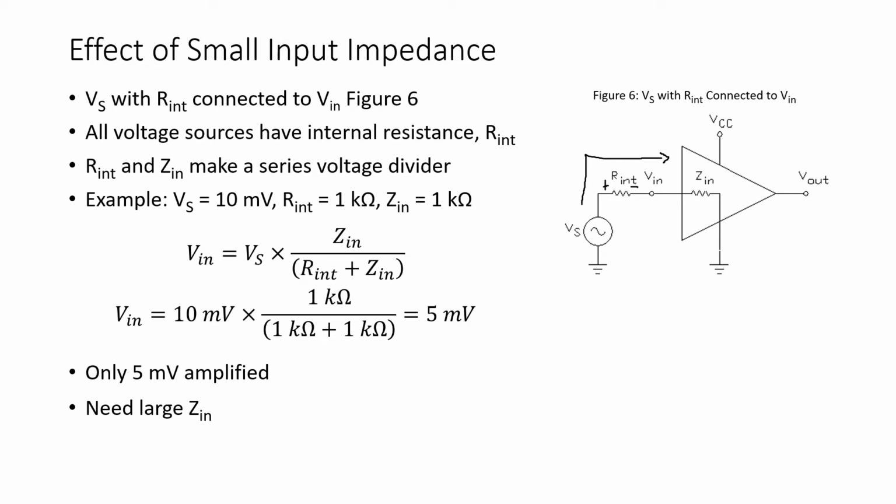Because we've got 5 millivolts dropped across R internal, we therefore only have 5 millivolts left to be amplified from the total source voltage, which was 10 millivolts. So for our amplifier, we really need to have a large value of input impedance to improve its performance.